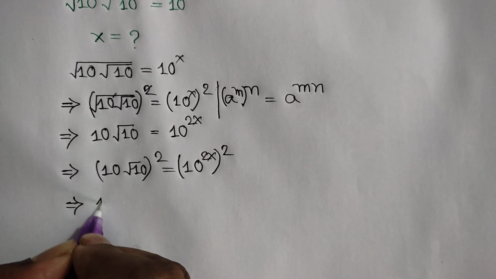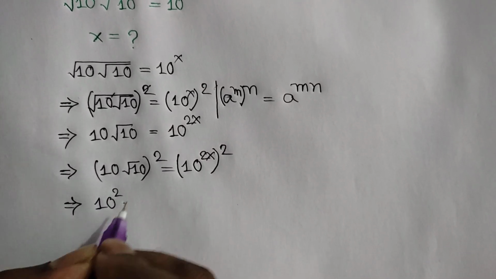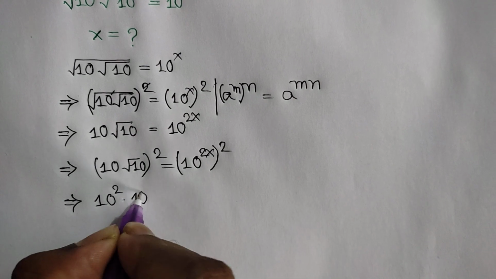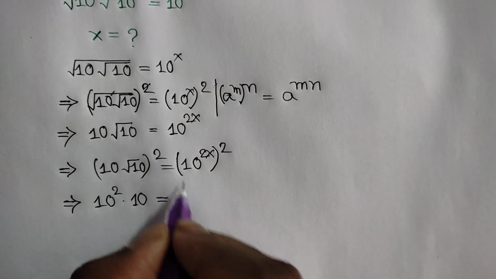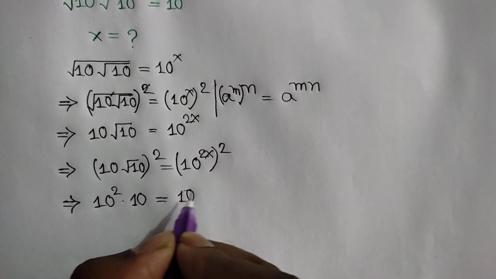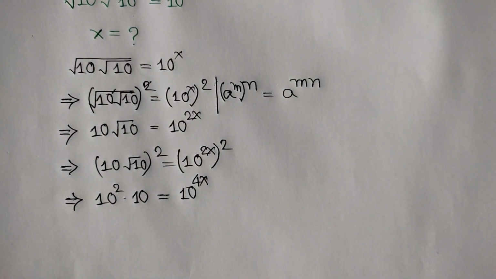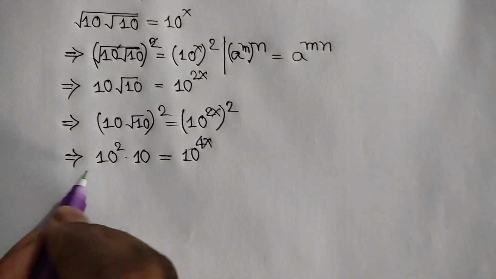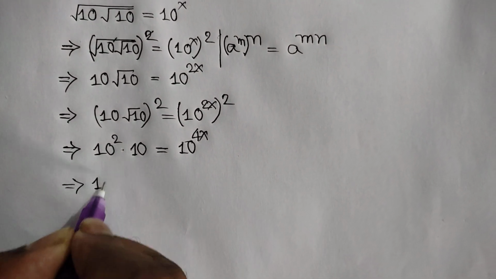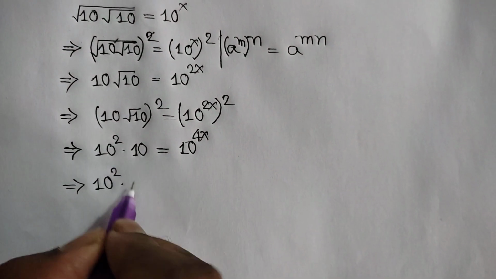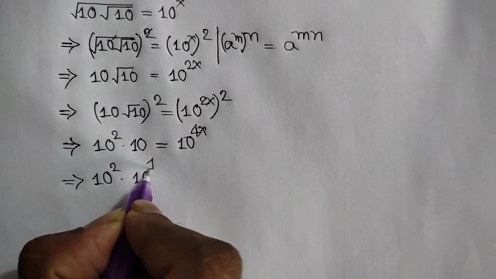Here we can write 10 square times 10 is equal to 10 to the power 4x. Or 10 square times, here we can write 10 to the power 1, because 10 to the power 1 is the same as 10.